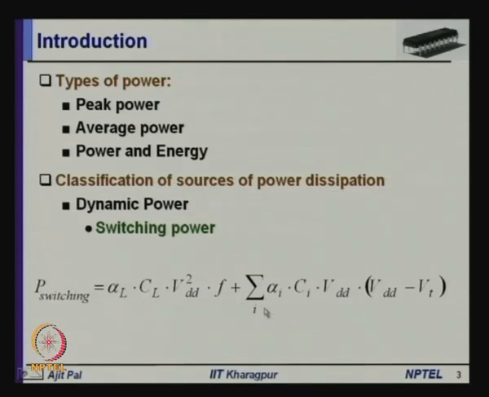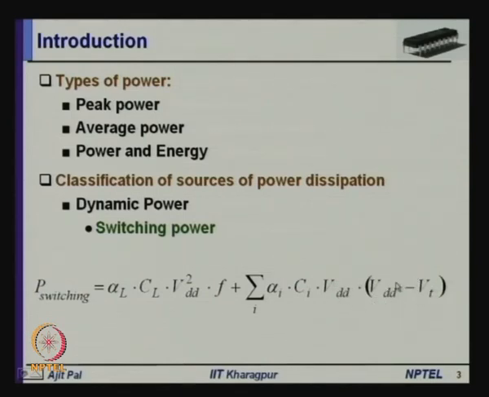There are many internal loads where power dissipation also occurs, and that can be represented by the summation over all such nodes of alpha I times Ci times VDD times (VDD minus Vt). You may note that here instead of VDD square, there is a term VDD into (VDD minus Vt).